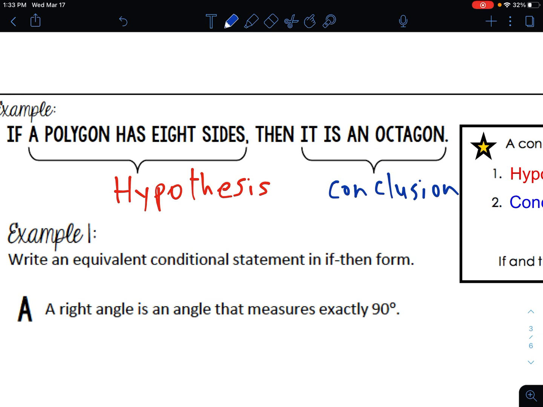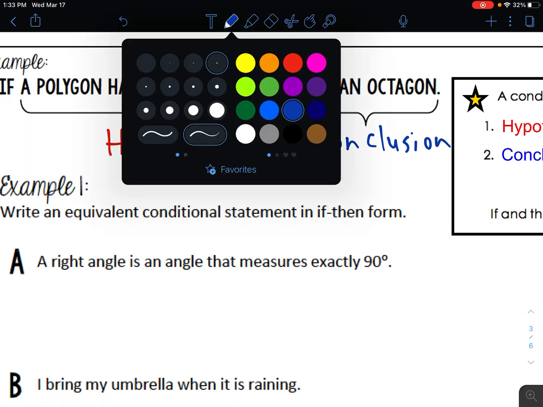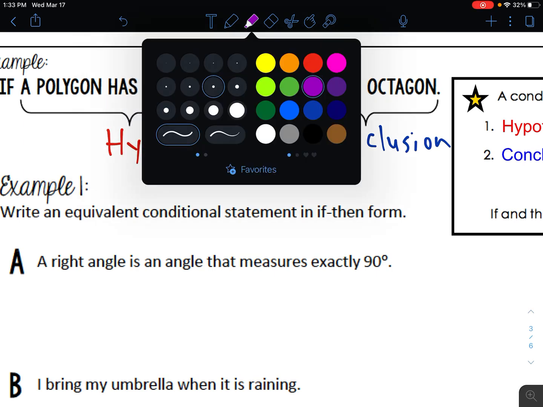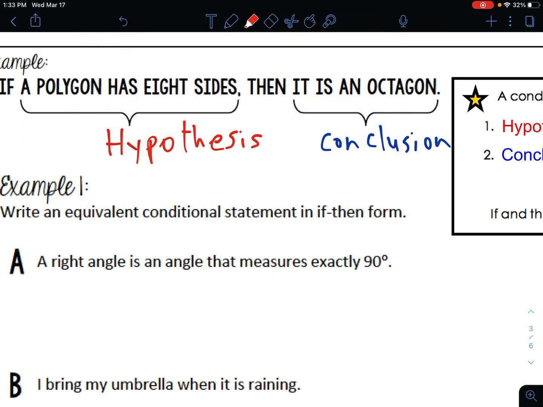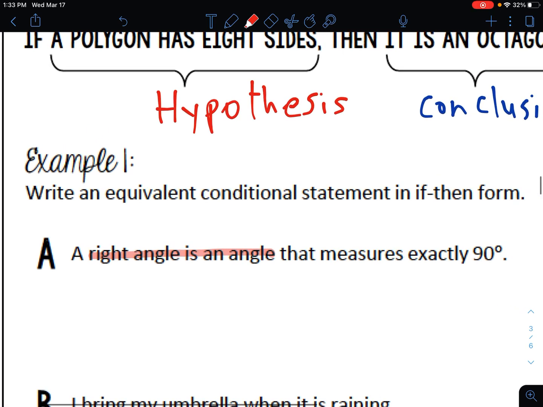Okay, so we're going to write a conditional statement. Given the information, what you have to do is figure out what the conditional piece is. In this first one, I'll highlight in red and blue. The condition is if the angle is a right angle. So we would write if, and it doesn't have to go in the exact order. Make sure it makes sense when you read it.